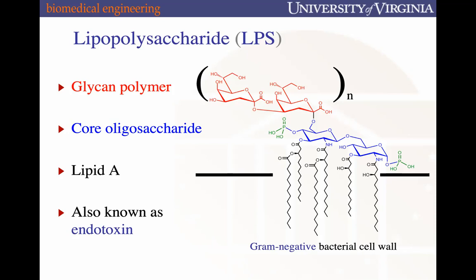In addition to that, typically bacteria that express LPS at the surface are considered gram negative. Some of you may already know this, some of you may not. There was a microbiologist a long time ago named Gram, who developed this stain to try and classify bacteria in two different groups, whether they took up this stain or whether they did not.